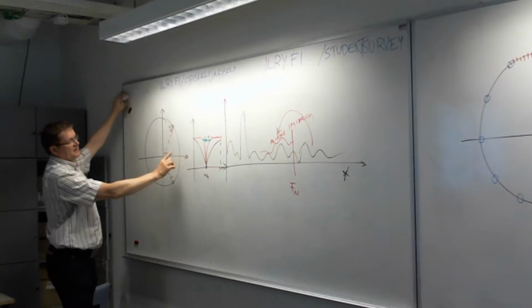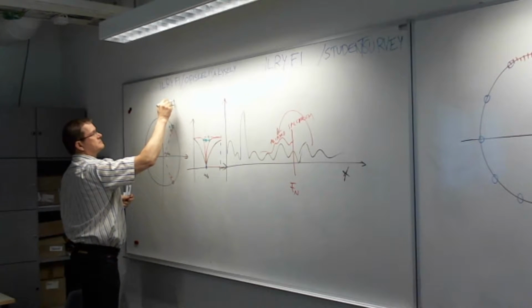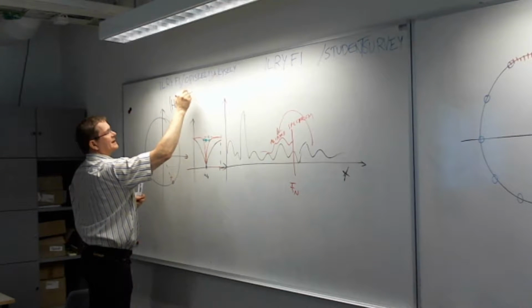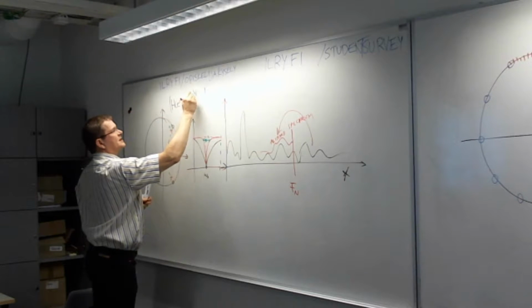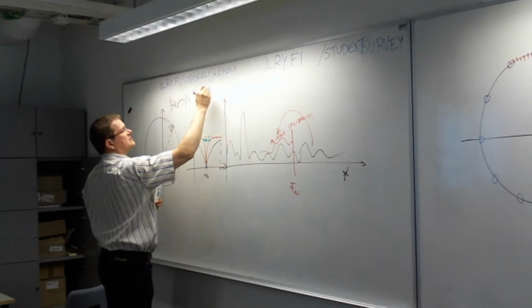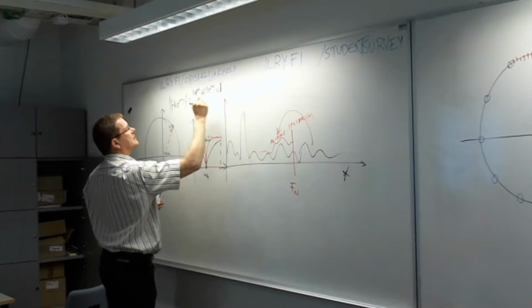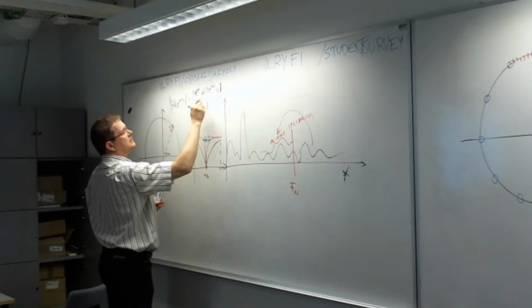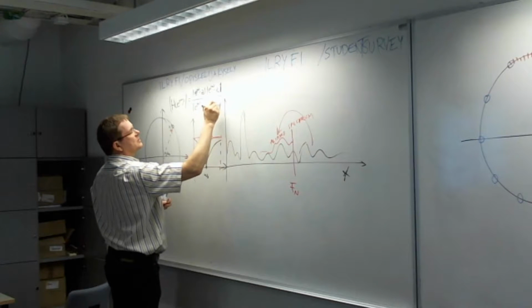If we are here, remember the amplitude response? It's basically the product of e to j omega minus 0 point times e to j omega minus 0 point, divided by e to j omega minus pole 0 times e to j omega minus pole 1.